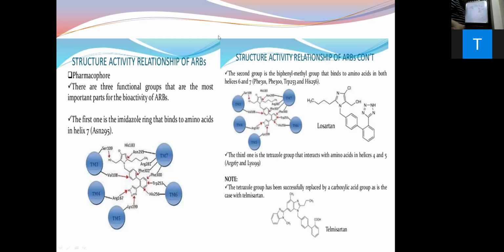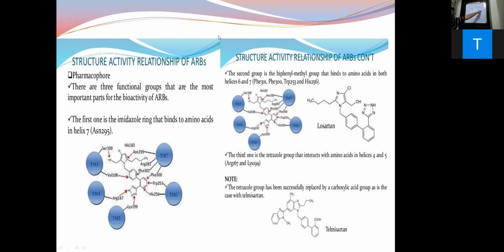Your tetrazole is replaced by a carboxylic group, and your imidazole is replaced by a dibenzimidazole group, which contains an ethyl group and an N-methyl benzimidazole. So this is the structure of telmisartan.